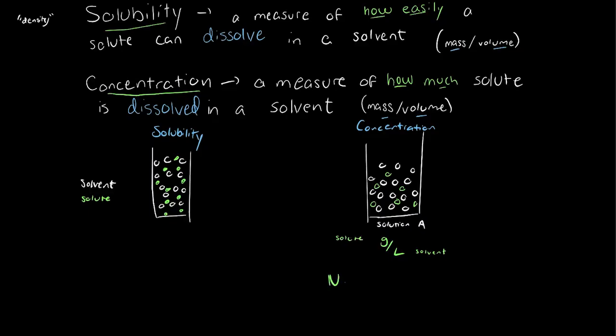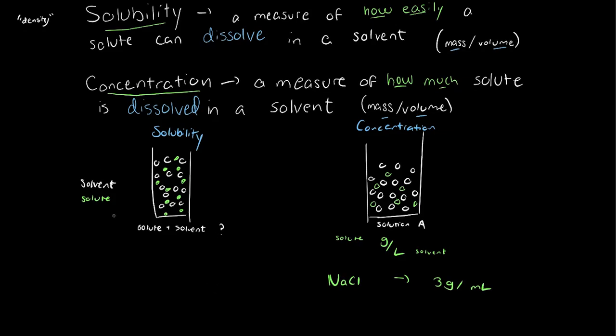For example, if we take sodium chloride again, we can say the concentration in a random solution is 3 grams per milliliter. Next, let's look at solubility. Solubility is not based on a specific solution, rather, it's based on a specific solute and solvent pair. And you might be wondering, hey, doesn't that mean the exact same thing? Not entirely.